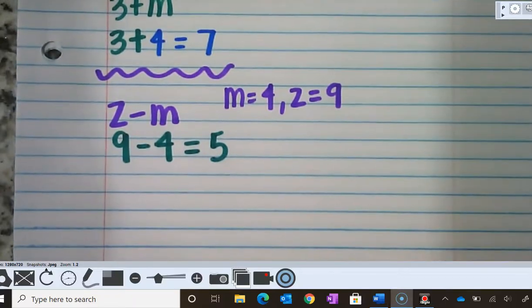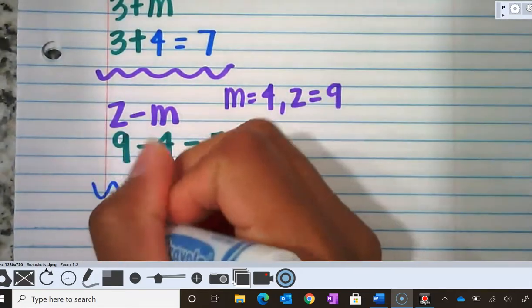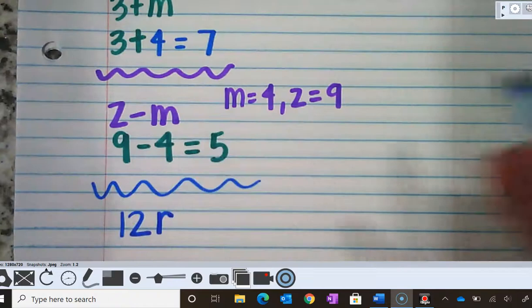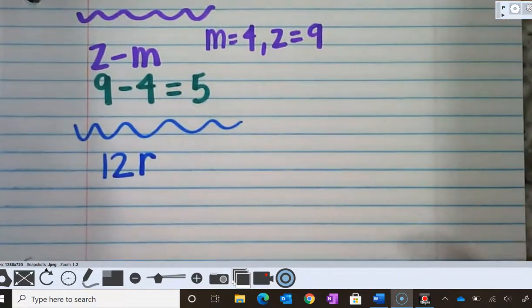Let's try another example, but this time it's going to be a multiplication problem. So let's imagine we have 12R. So what does that mean? 12R. What are we doing with this R? All right, so let's talk about this.